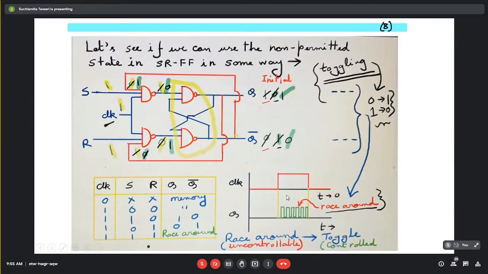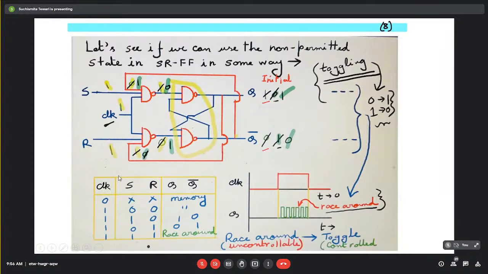So this is the race around condition, a condition that we are unable to control. So one condition here is producing something which might be useful if it would have been controlled. But since it cannot be controlled in this present situation, we cannot say that we have produced a useful condition.